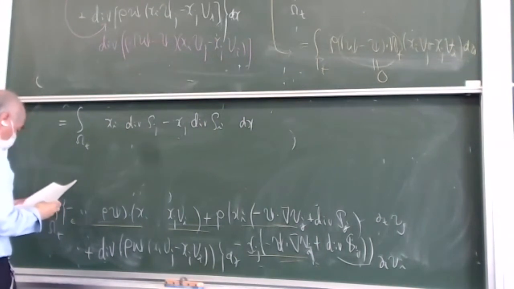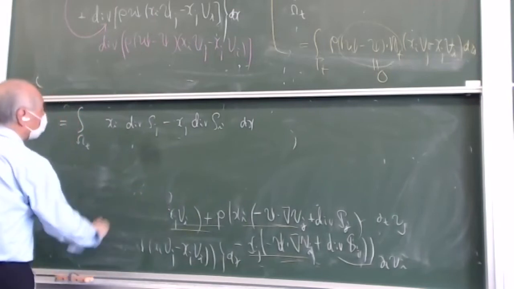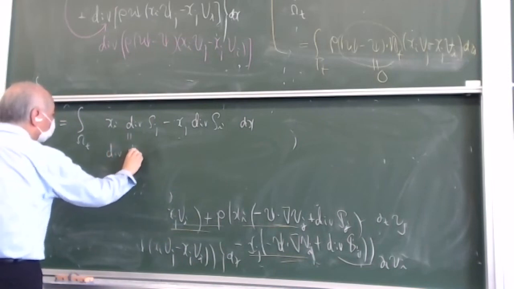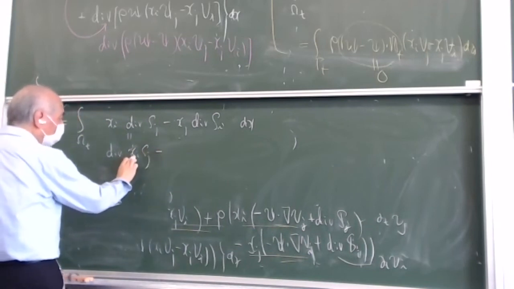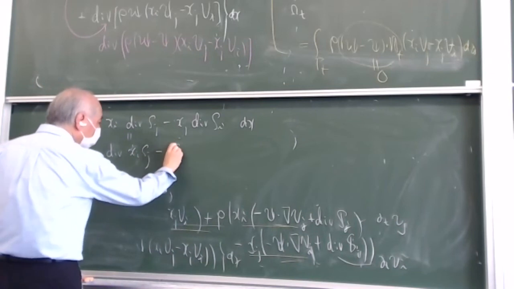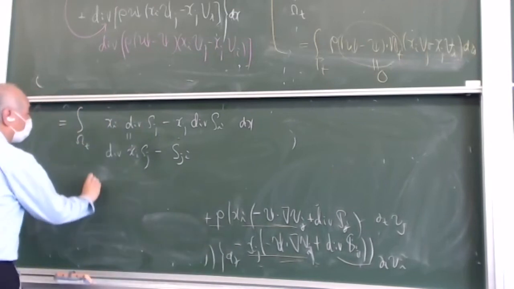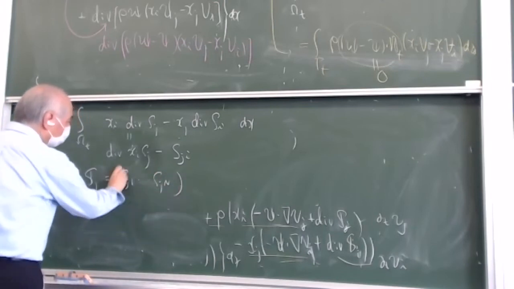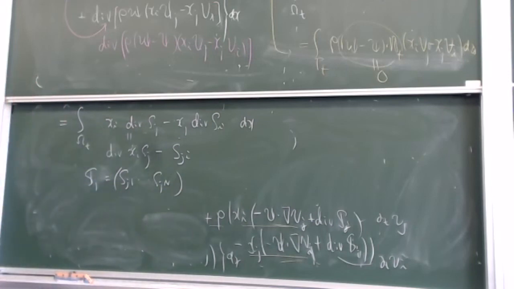Now we write this otherwise: minus xi, j plus the time derivative. This is a vector.